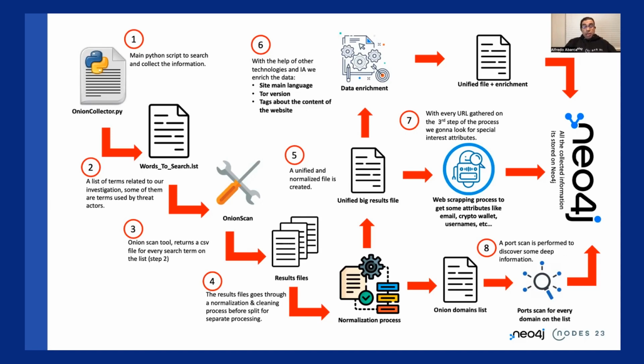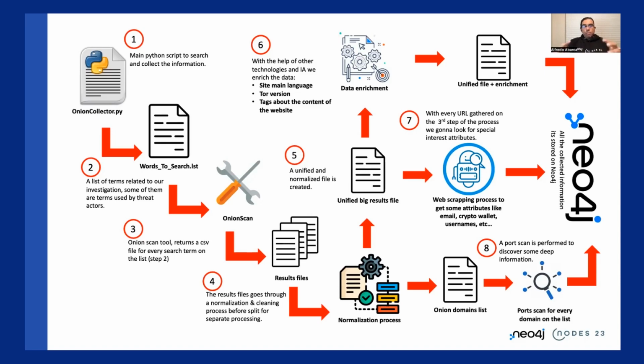And at the same time, I'm using other tools like enrichment, for example, to detect what is the main language in this URL, to create some tags around the content. I'm helped with the AI to get this information.